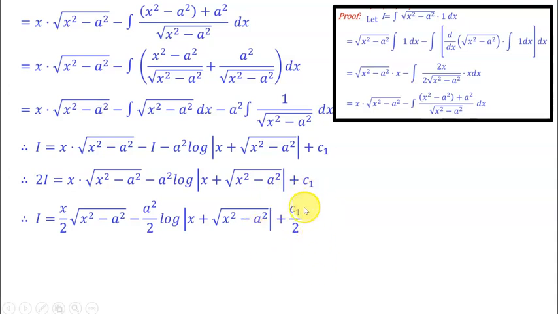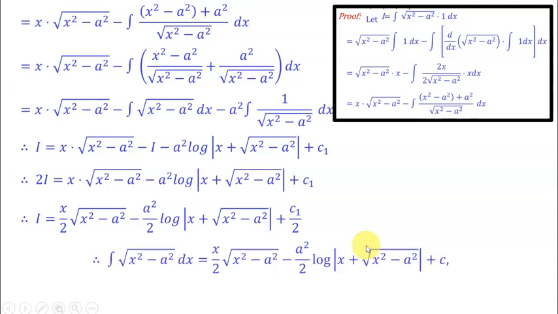Now replace this c1 upon 2 by c, and then you will get the standard result. What is that standard result? Integral of root of x square minus a square dx is equal to x upon 2 root of x square minus a square minus a square upon 2 log of mod of x plus root of x square minus a square plus c, and this is the answer.